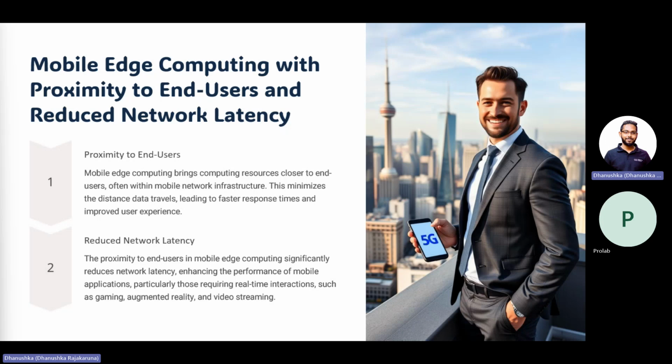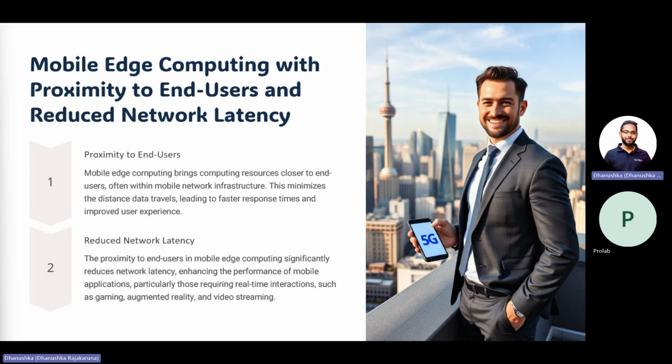Mobile edge computing, or MEC, is a cornerstone of modern IoT and 5G ecosystems, enabling low latency, high performance applications that were previously impractical with traditional cloud models. By processing data closer to the end users and leveraging local context, MEC not only reduces latency but also enhances scalability, security and efficiency, making it a key enabler for the connected future.